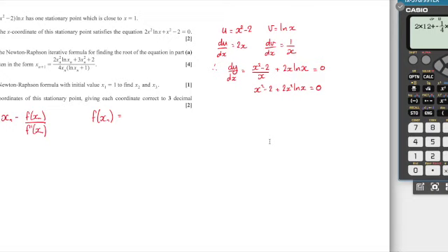So that's your x squared minus 2 plus 2x squared ln x.